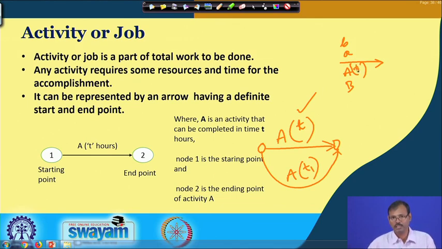If you would like to analyze it based on money, you may give the money at this point, because that is the variable which you would like to analyze. So the variable is expressed under the bracket when you are expressing an activity.